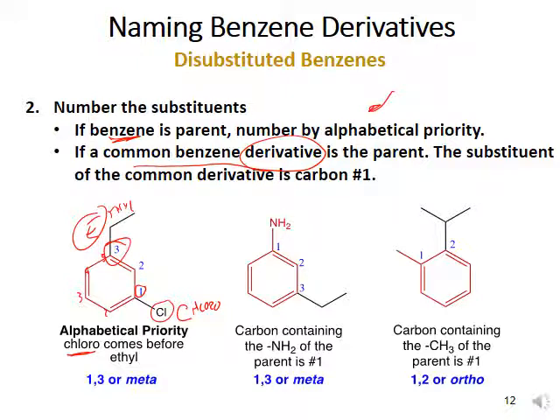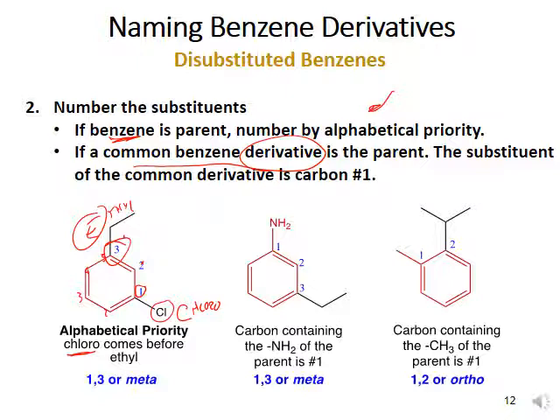And so you go 1, 2, 3. And then from there, since you know that chloro is going to be number 1, then the ethyl is in the meta position, or 1, 3 position.